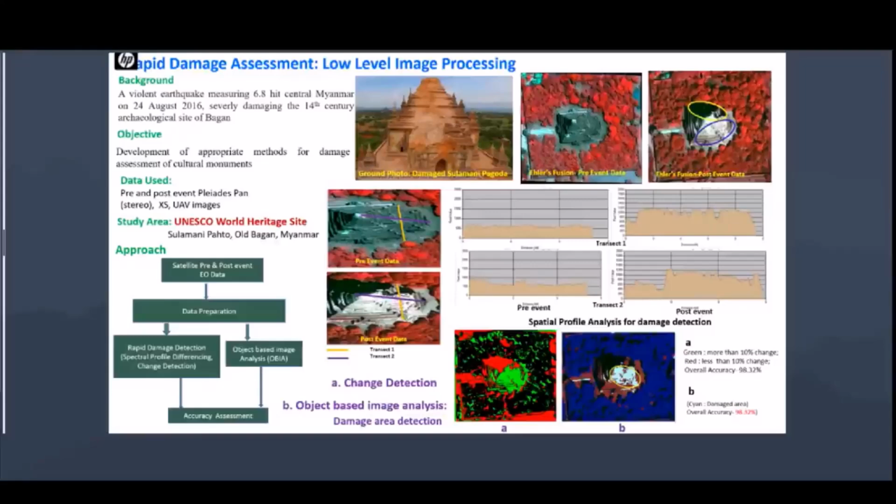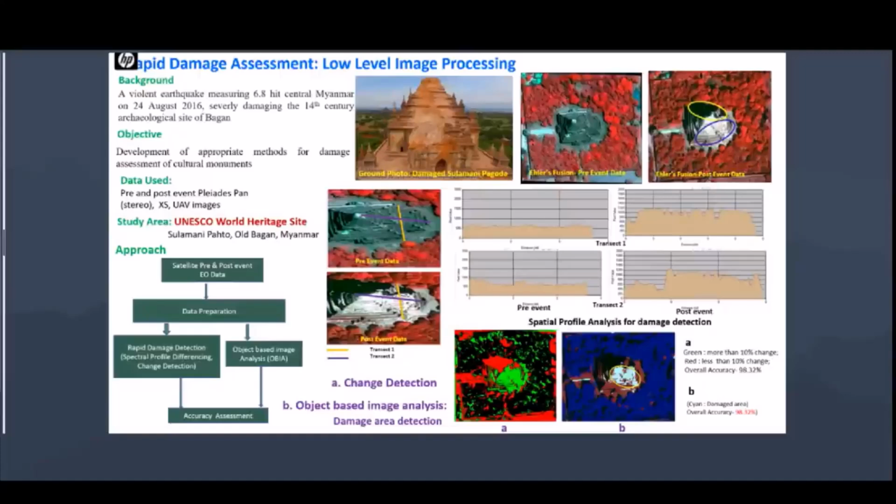In pre-event and post-event, you can see a marked difference, because in post-event a lot of material has gone down as rubble, so the reflectance has increased. When the reflectance has increased, the pixel values show a very haphazard pattern. So you can identify in one instance where all the damage has happened.